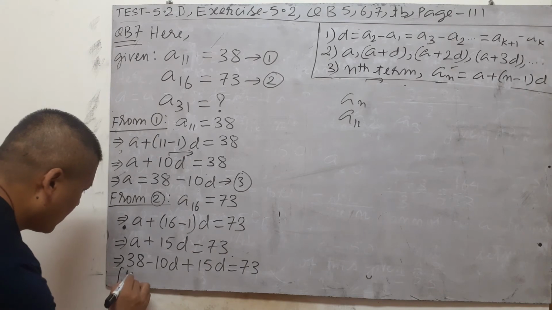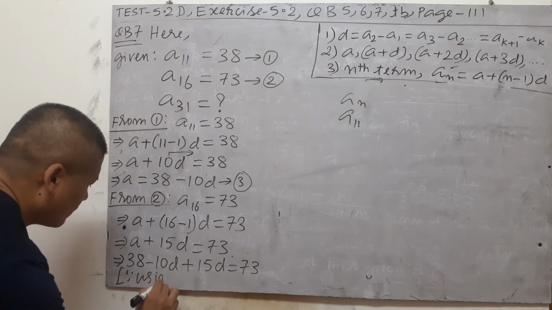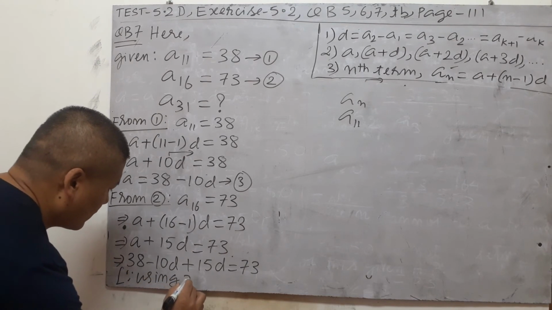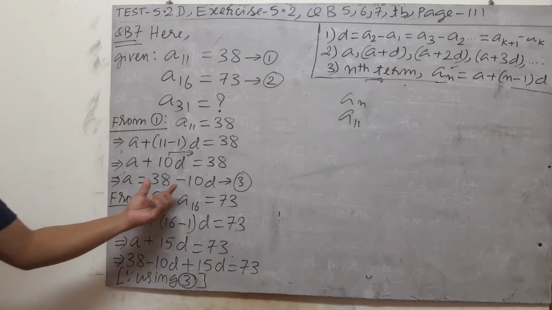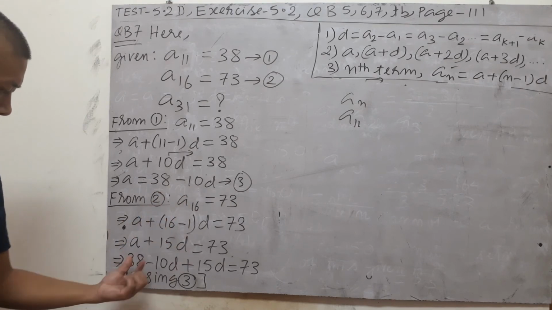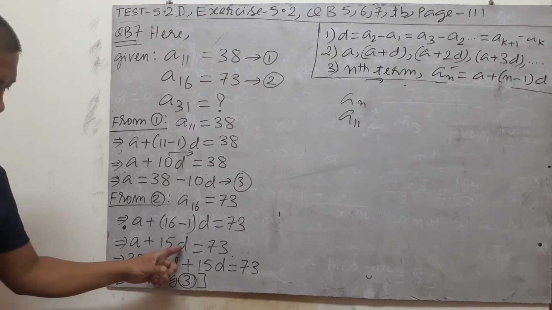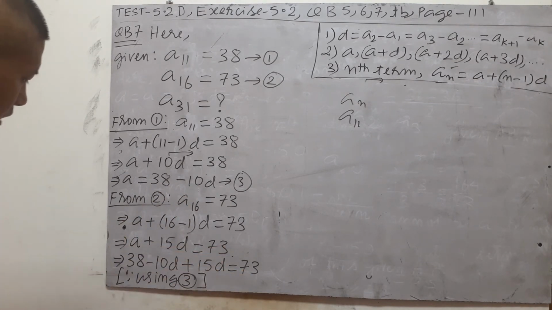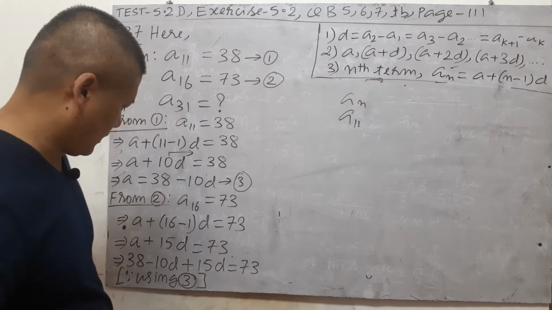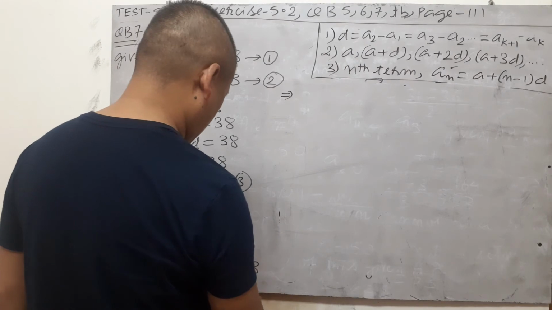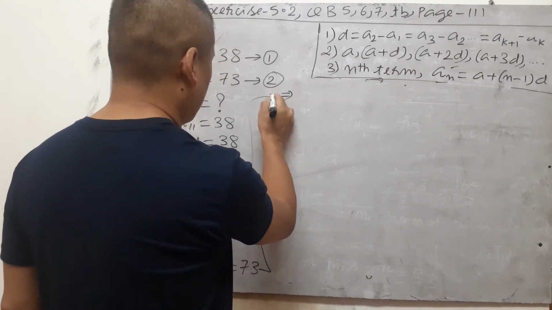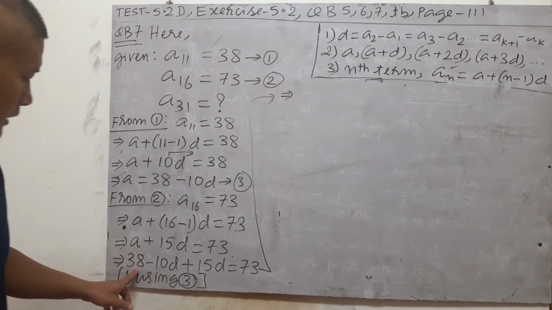The reason being that we are using the value given in equation number 3. As you can see, A equal to 38 minus 10D is replacing this A here. This is same, this is same. Now that way, you're going to get, that implies, coming right from here to here, 38, just write that down.